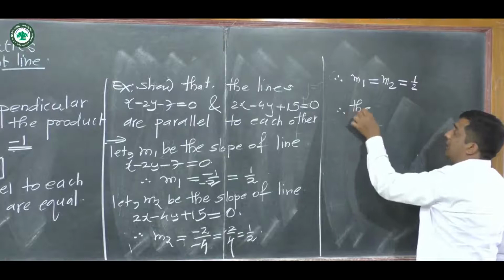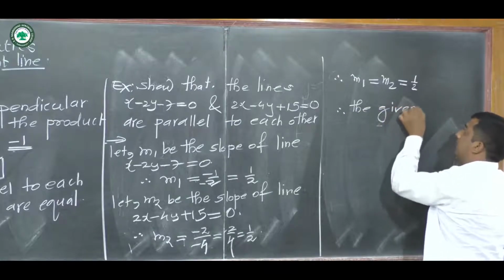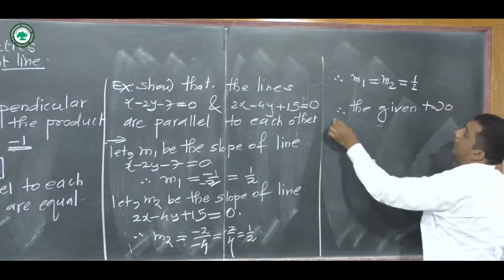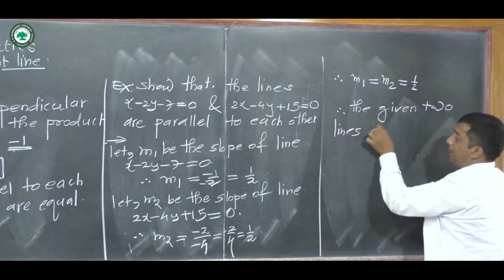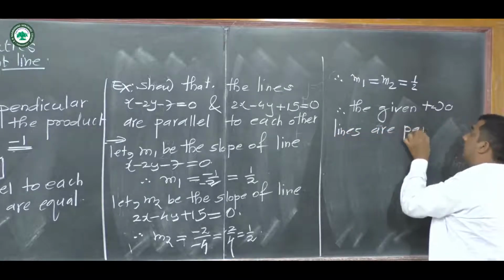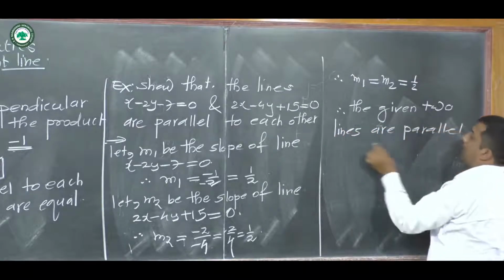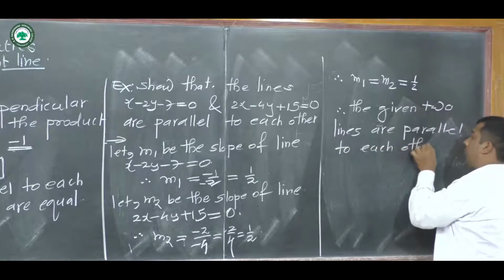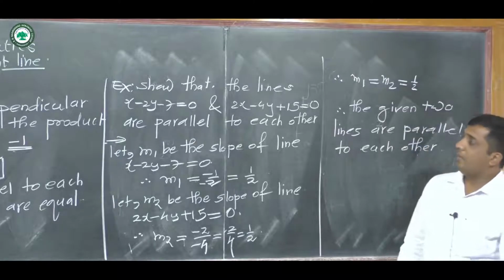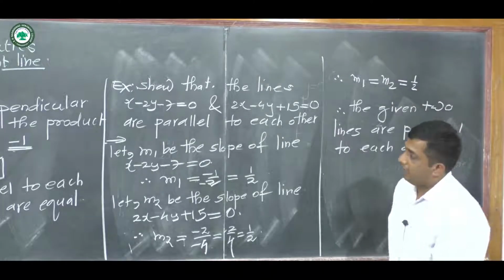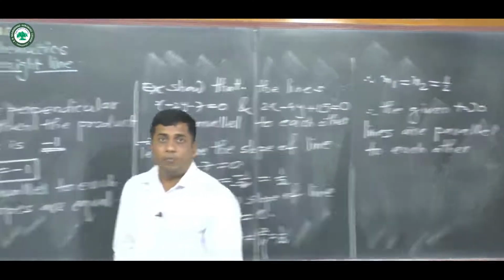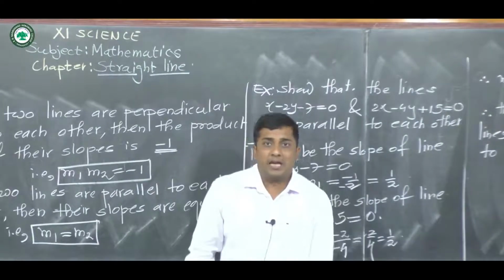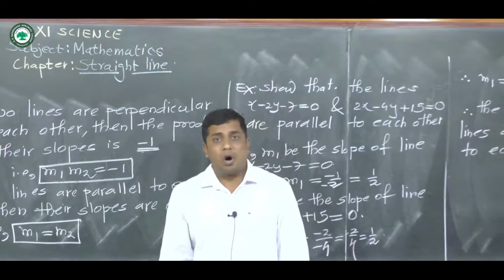Therefore, the given two lines are parallel to each other. Again, very simple example it is, directly by using the second part, we show the given two lines are parallel to each other.